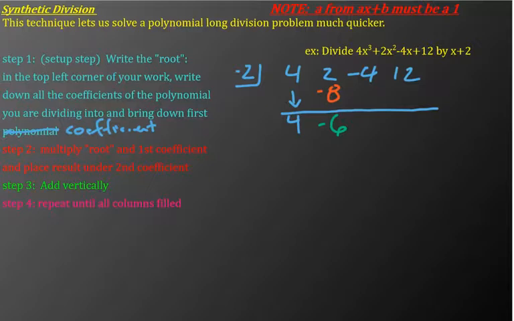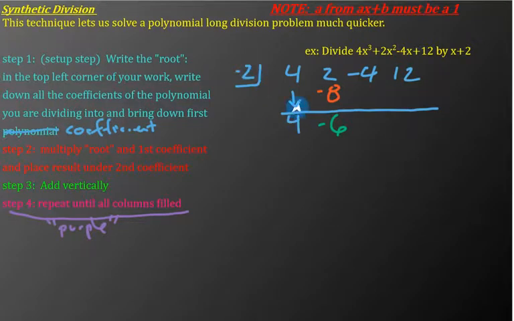That's it. And then basically we're just going to repeat until all the columns are filled, which I don't have a color for, so we're going to call it the purple step. So I do -2 times this one, -6, I'll put that there, and then I'll add, and then -2 times this thing, and I'll put it there, and then I'll add.